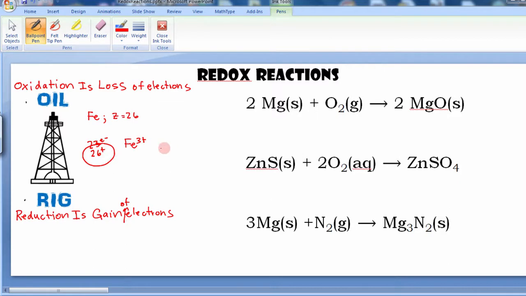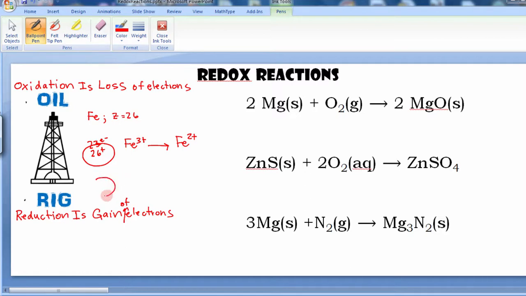Okay. Now, to go from iron 3 to iron 2, what would have to happen?